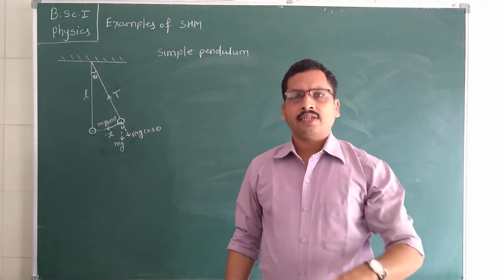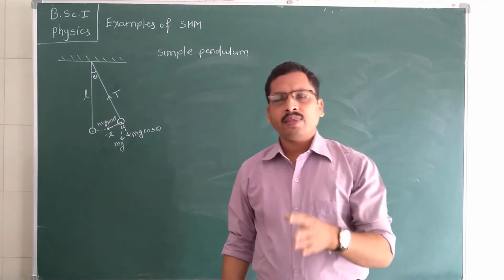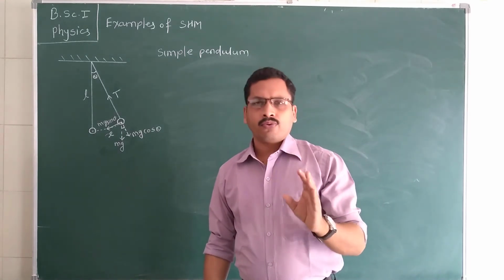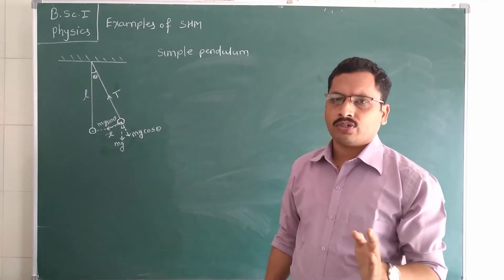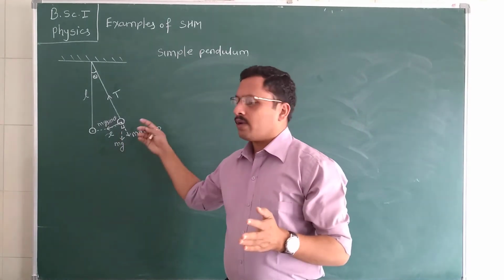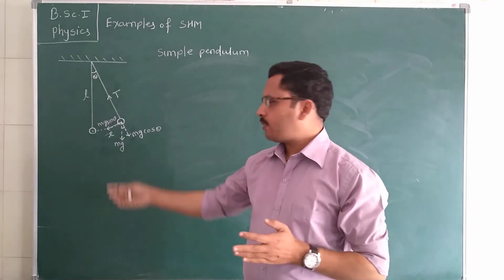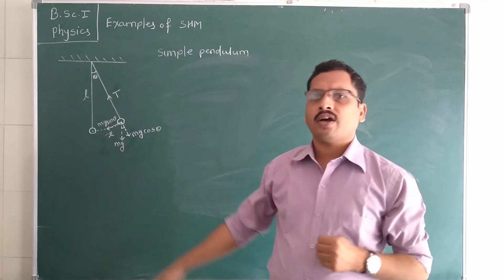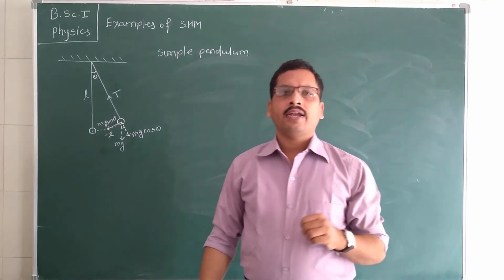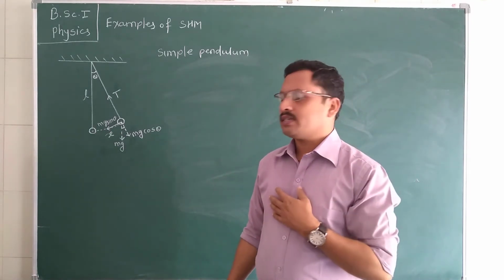They balance each other, and hence in the mean position there is no net force acting on the object and the position remains constant. But if we displace this metal bob and release it, then it performs a motion about the mean position.